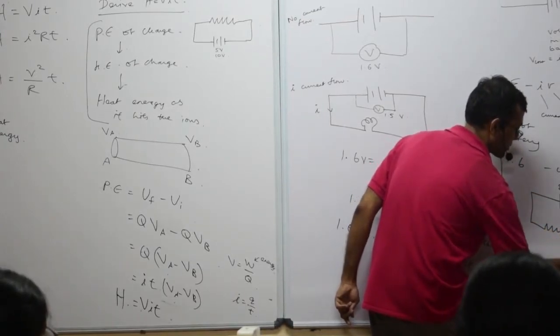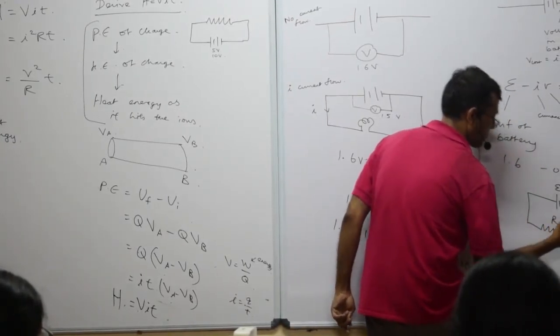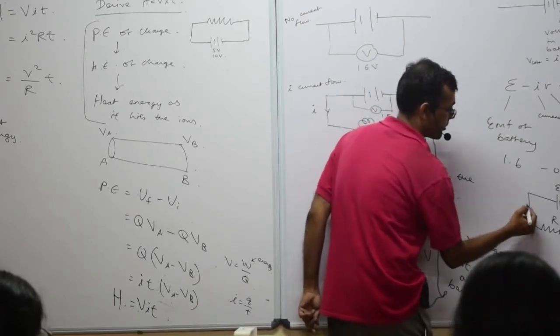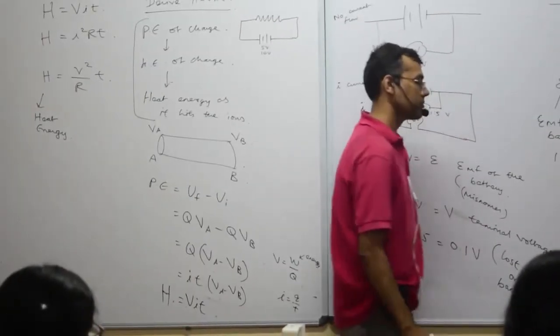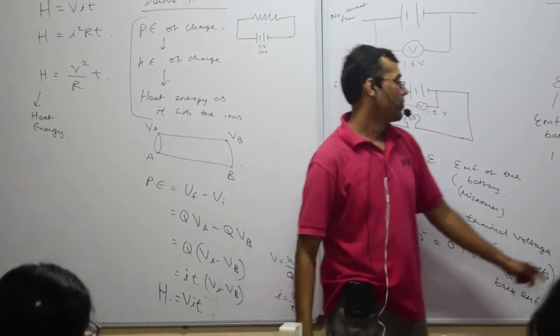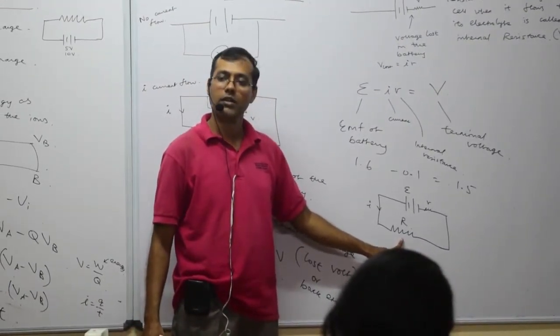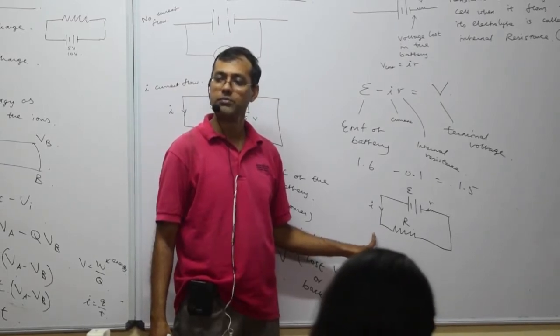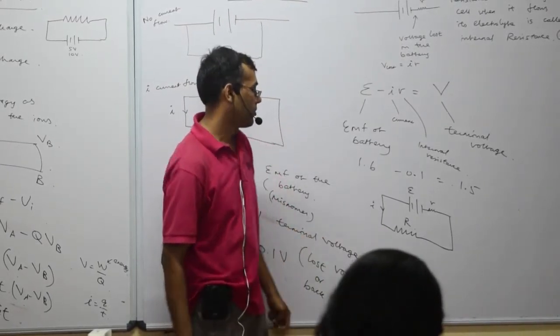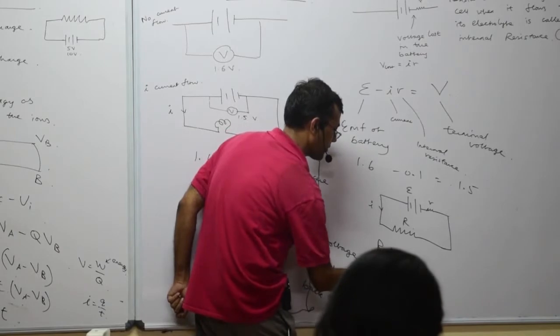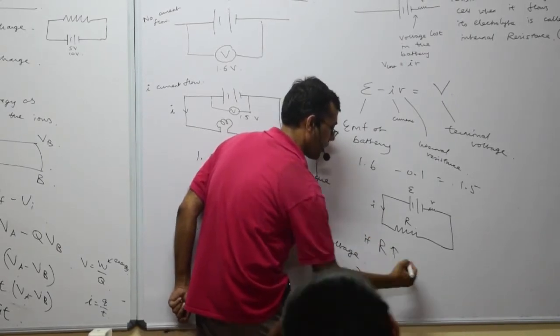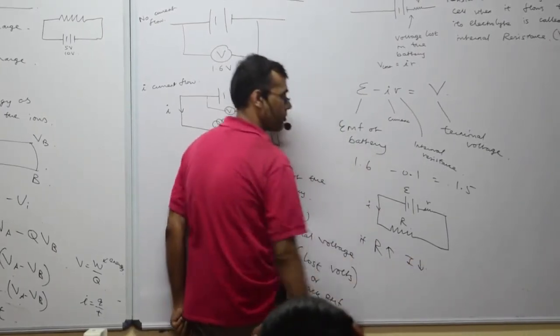So I am having an external resistance R, and this determines the current I. So if this resistance is very high, current will be very low. So if R is high, I will be low.